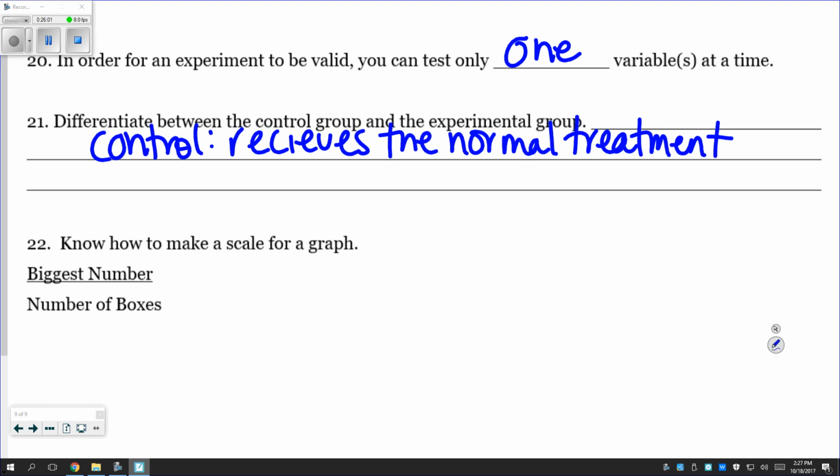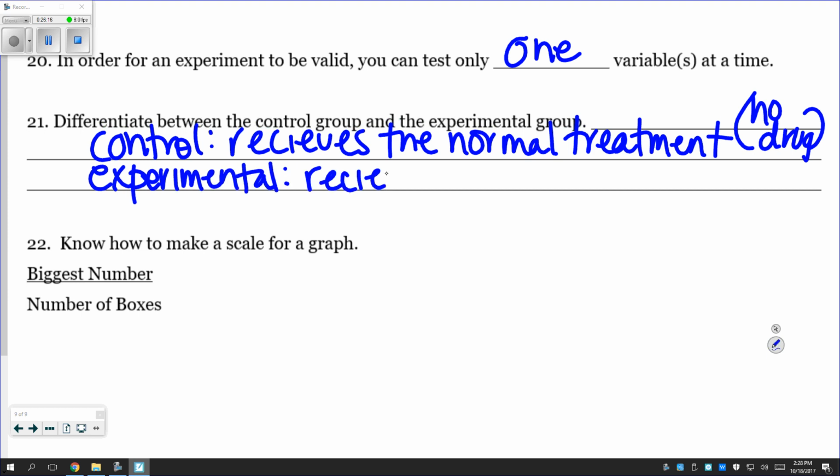So no drug. And then finally we have experimental. Receives treatment. So that would get the drug.